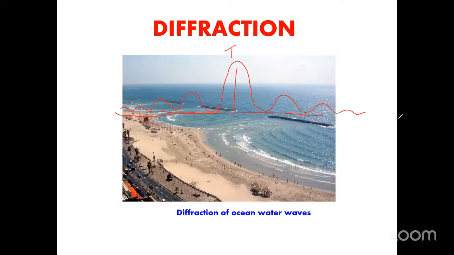Here is the maximum intensity, I maximum. What do you mean by intensity? The square of the amplitude, A squared equals I. The square of the amplitude is nothing but intensity. This is the central one.